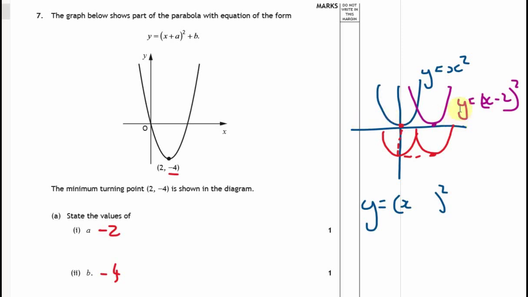So 0 equals x -2 squared, because at x is equal to 2, 2 minus 2 gives you 0. If you move it over this way, it's a change of sign. Think about your x squared graph. You move it over. I want y to be equal to 0. At this point, y is equal to 0 and x is equal to 2, isn't it? So if x is 2, 2 minus 2 squared is going to give me 0, not plus 2. 2 plus 2 gives me 4, and 4 squared gives me 16. So it's -2.